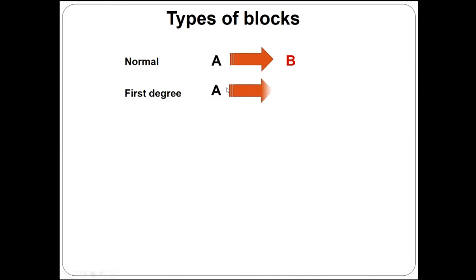Now, what do we call a first degree block? First degree block means that we have a connection between A and B, and every impulse that originates in A gets to B. However, it is slower, so it takes a longer time to get from one point to another.